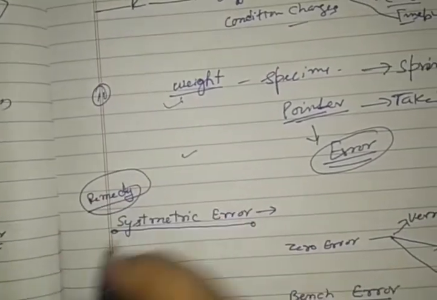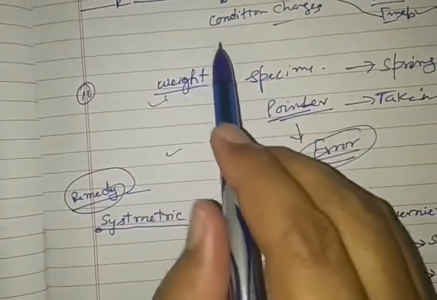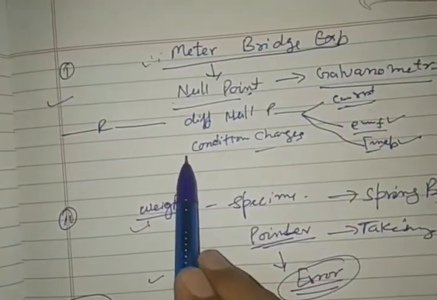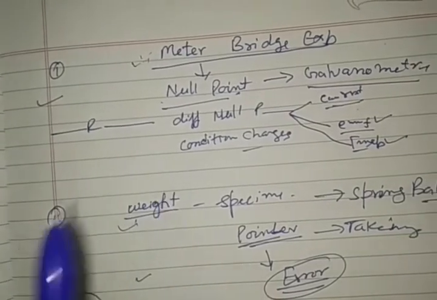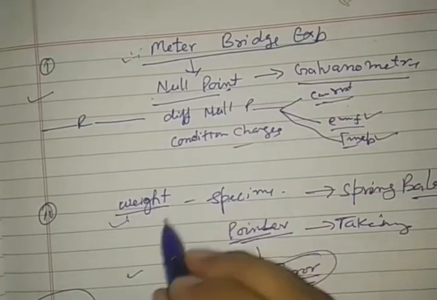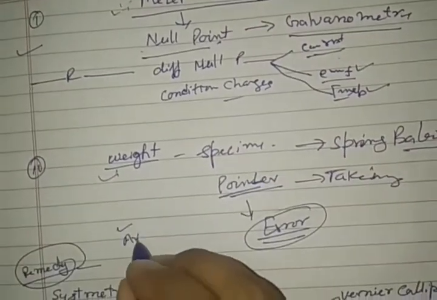The remedy is: if you are going to obtain a null point in the experiment, obtain the null point several times for a particular resistance and take the average.